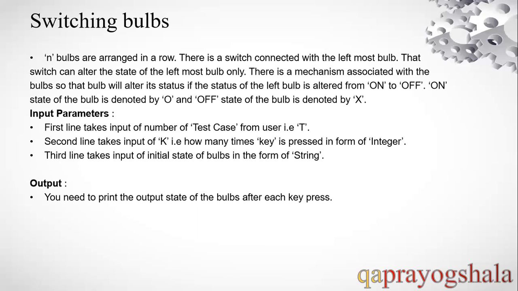Next, what they are saying is there is a mechanism associated with the bulbs so that a bulb will alter its status if the status of the left bulb is altered from on to off.